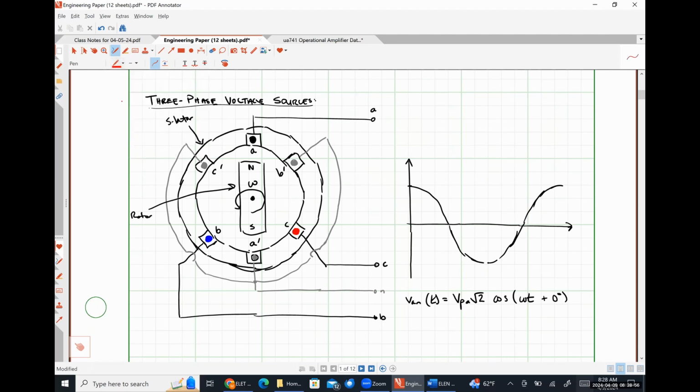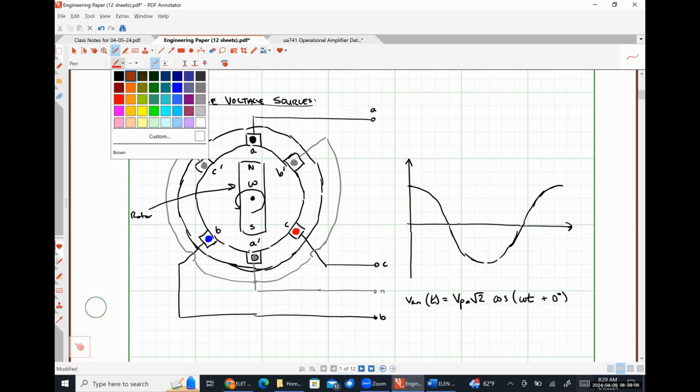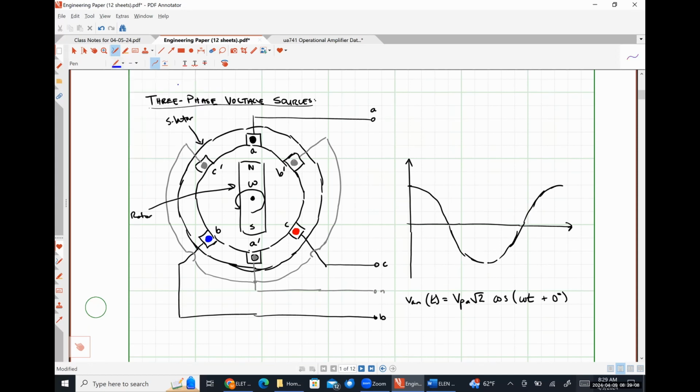So if that's what our A phase looks like, what do you think our B phase should look like? Should be effectively the same thing, except that it's going to lag the A phase by exactly 120 degrees because the magnet has to move 120 degrees in order to be fully aligned with the B phase of the coils, right? So it should hit its peak value roughly here.